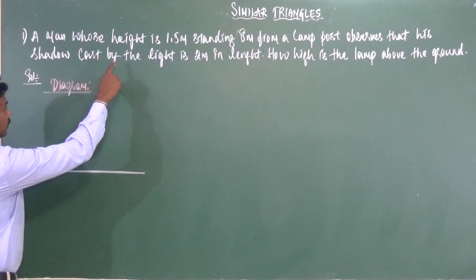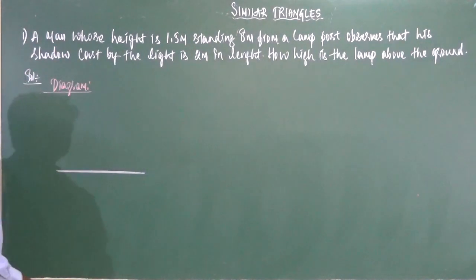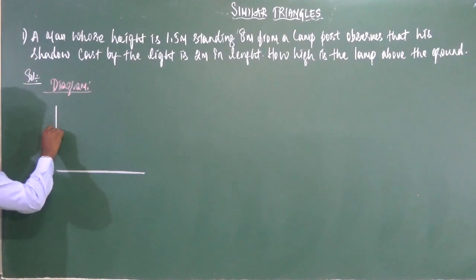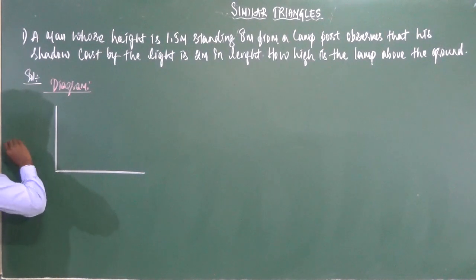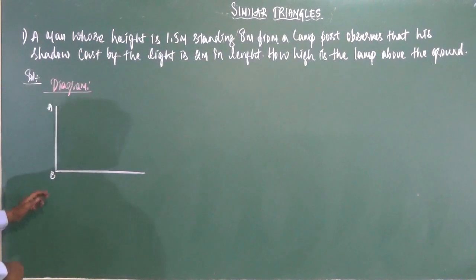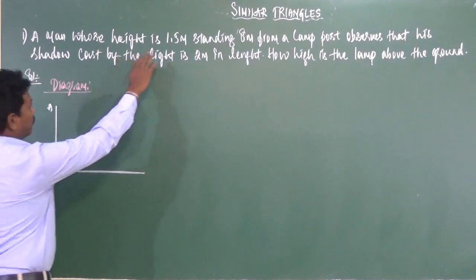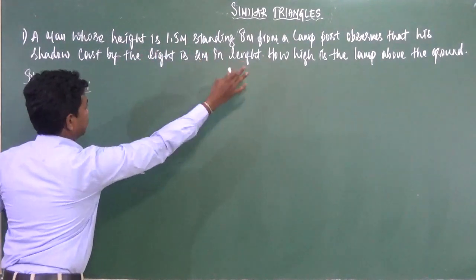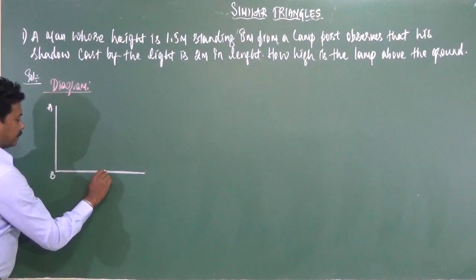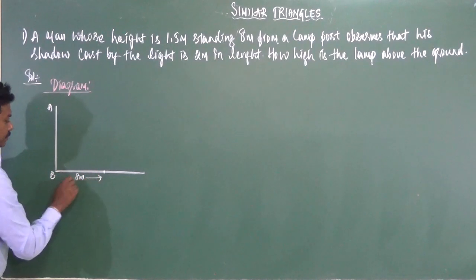A man whose height is 1.5 meters standing 8 meters from a lamppost. Okay, so let us take this as the lamppost. No name is given to this, so you have to name it. So let AB be the lamppost, and let us take this distance as 8 meters.